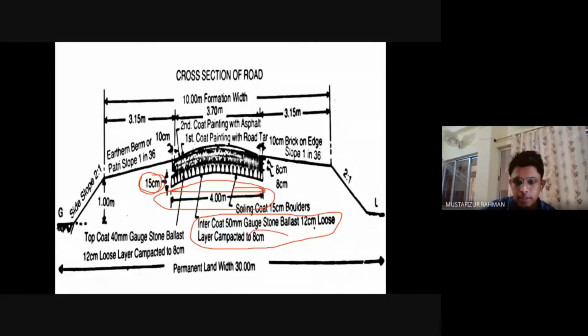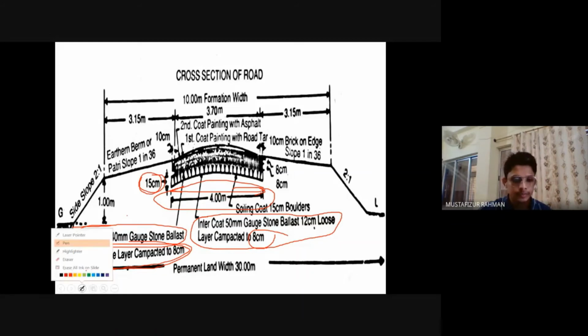Initially we have to calculate material for 12 centimeter, then that will be compacted and the final thickness will be 8 centimeter. Then there is another layer over that, the top coat. Here we will be using 40 mm gauze stone ballast, and this is also the same. We have a 12 centimeter thick layer initially, then it is compacted and made 8 centimeter.